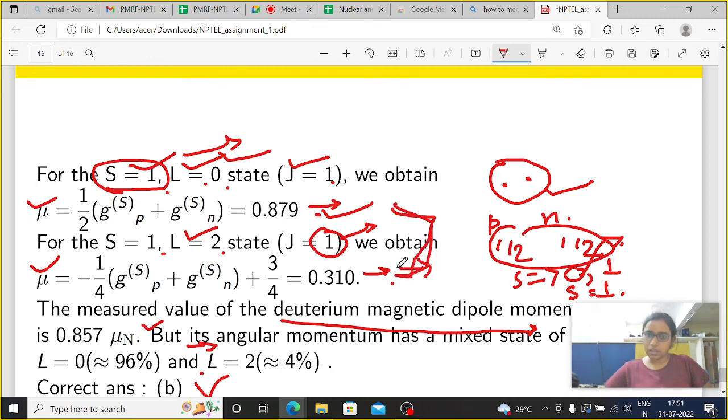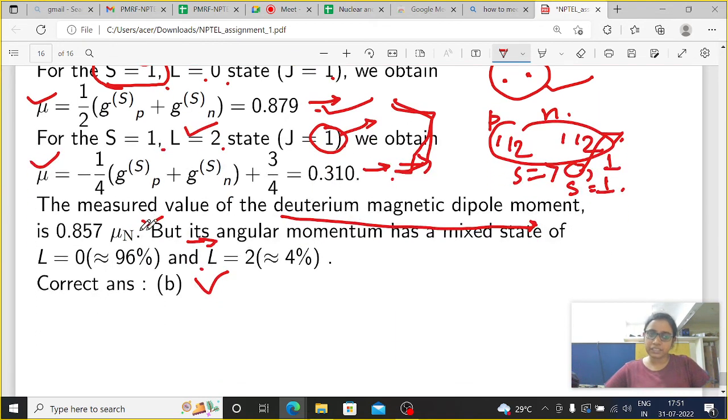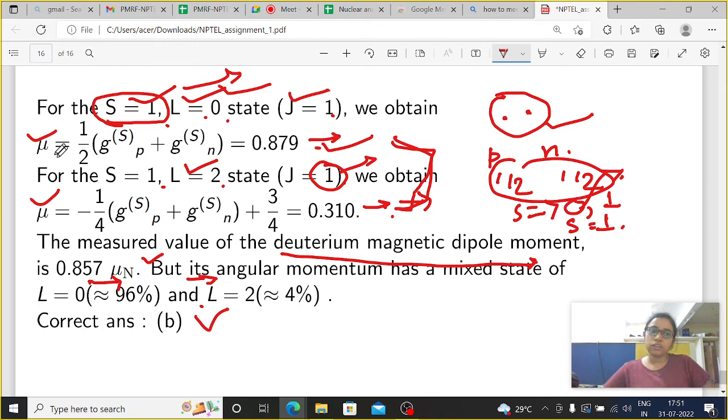These two are the theoretical calculations, but the experimental measurement shows that the measured value of the deuterium magnetic moment is 0.857 mu n. So our mu value does not come only from one expression; it is possible that the magnetic moment also comes from the L equals 2, S equals 1 configuration, so that we get the resultant magnetic moment of 0.857 mu n. I have also written here that its angular momentum is a mixture of two states, L equals 0 and L equals 2.